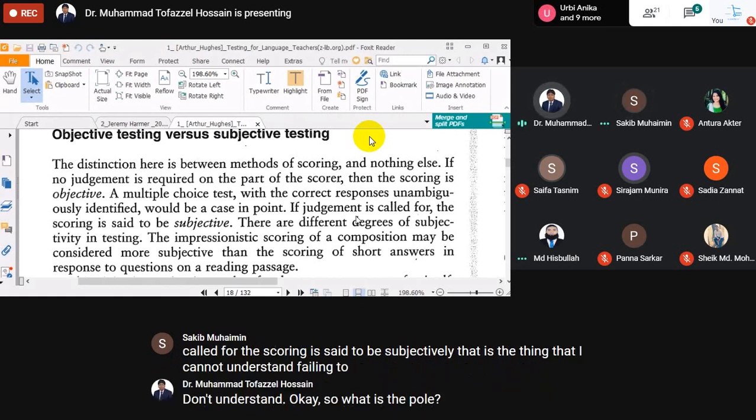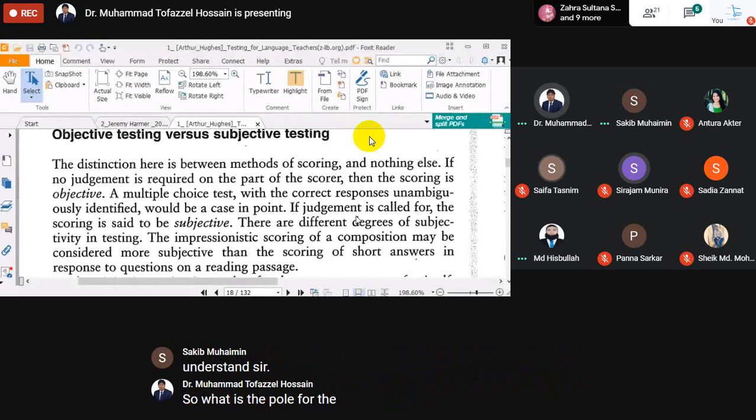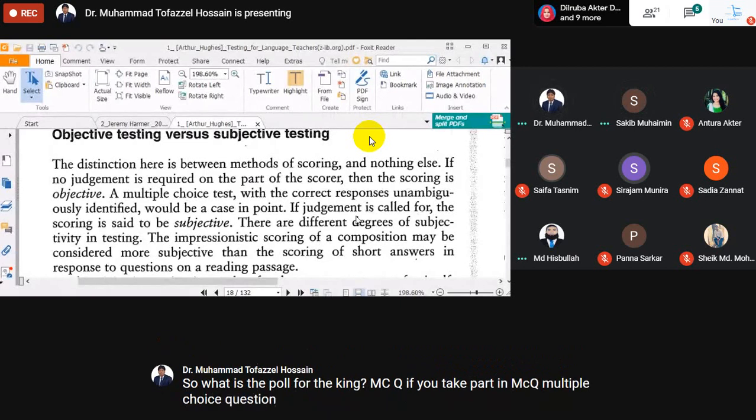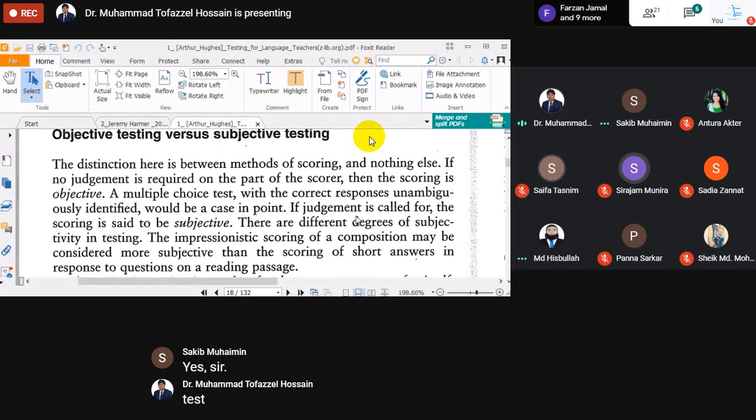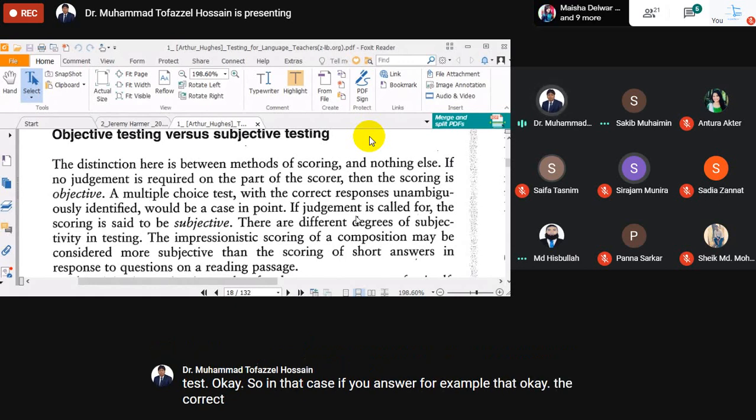So for example, if you sit for the MCQ, multiple choice question or multiple choice test, in that case, suppose the correct answers for questions 1, 2, 3, and 4 are 1A, 2C, 3B, and 4D.